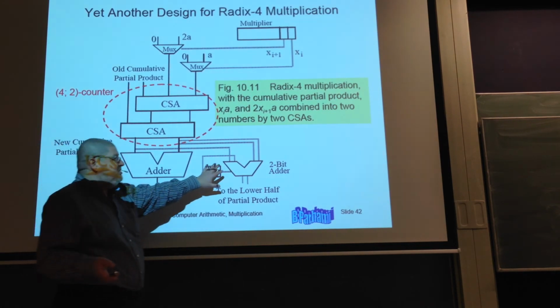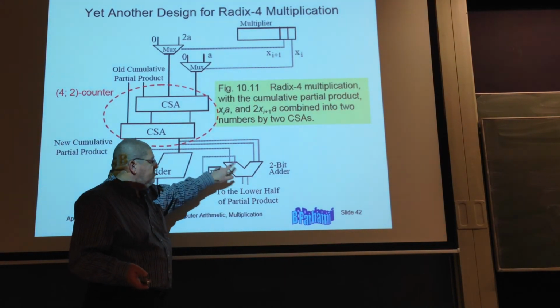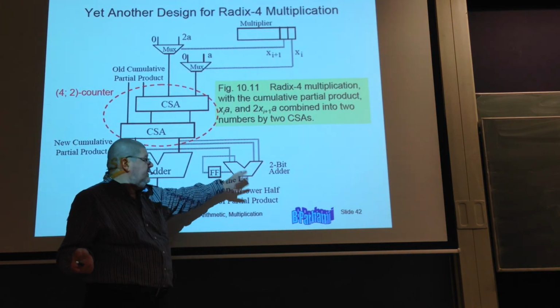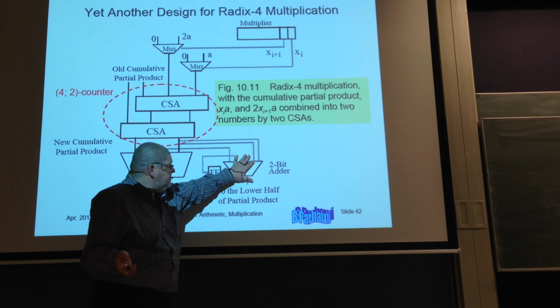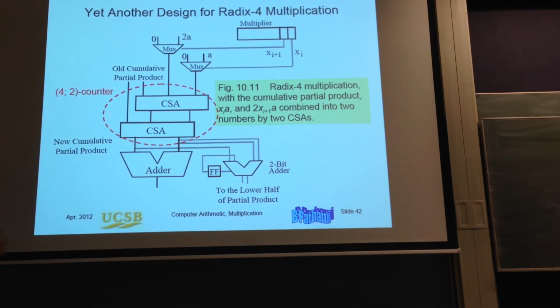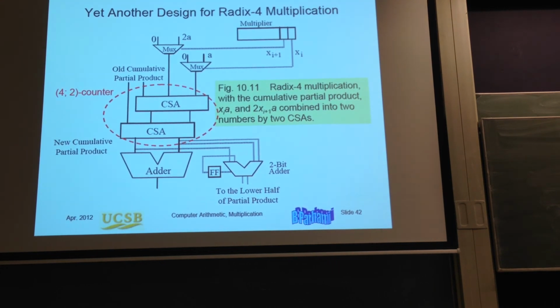I'm generating 2 bits at a time, but now I don't have that problem with the hot carry because this is not Booth recoding. Then I have these 2. I have the adder as before. I have an extra level of carry save addition. Because instead of doing Booth recoding, what I'm doing now is forming the new partial product with a combination of 0, A, 2A, 3A.